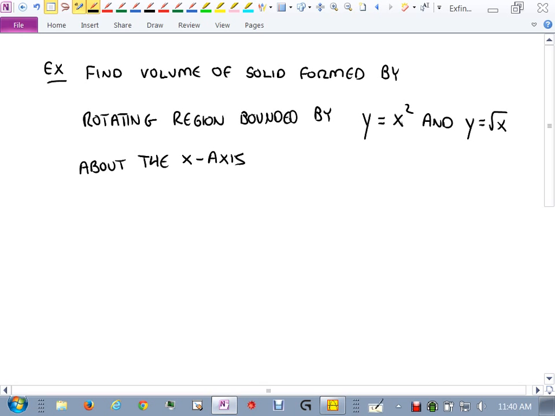That's how most of the problems will be stated, something like that. Find the volume of the solid that's created when you take the region bounded by these two curves and rotate it around the x-axis.